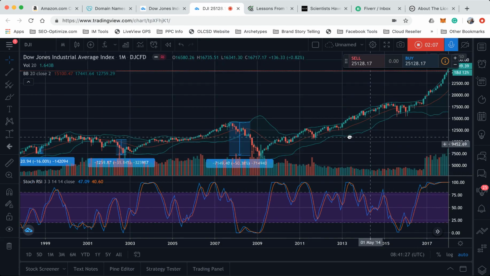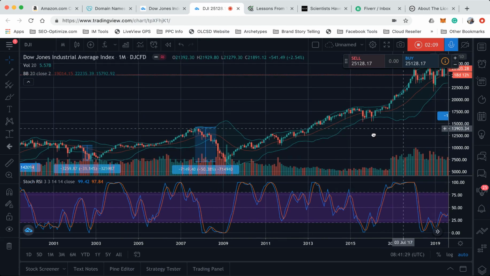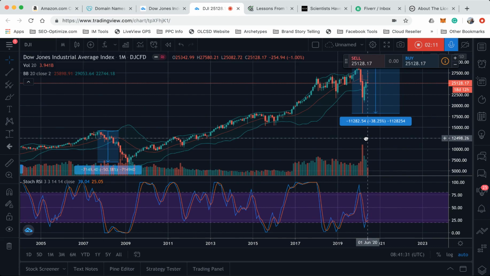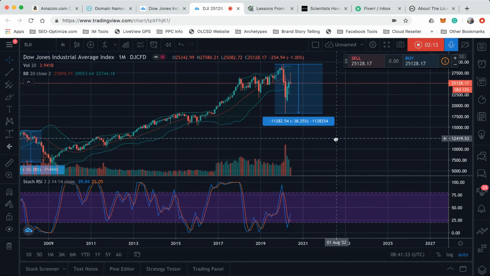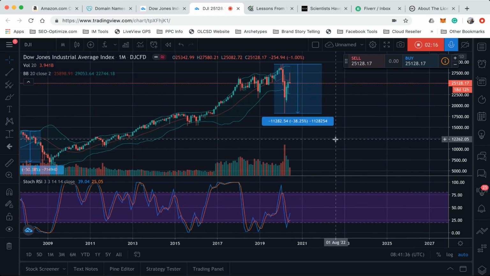And let's go to today. Today, I was just curious how this compares to the other drops in the market. Today we're looking at 38% from the approximate top to the approximate bottom.